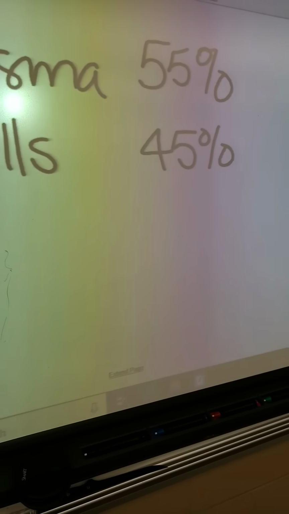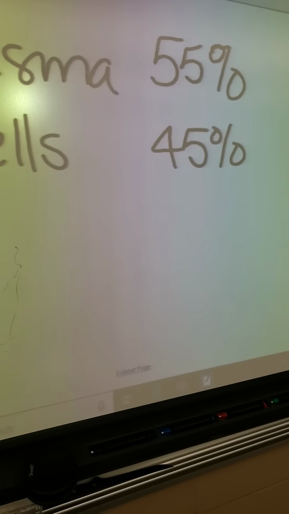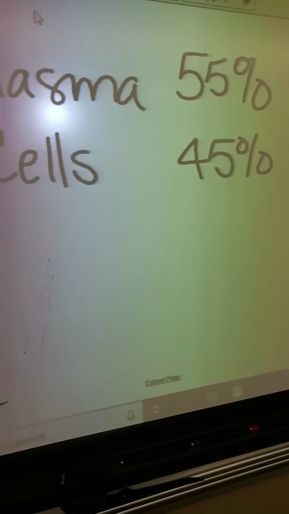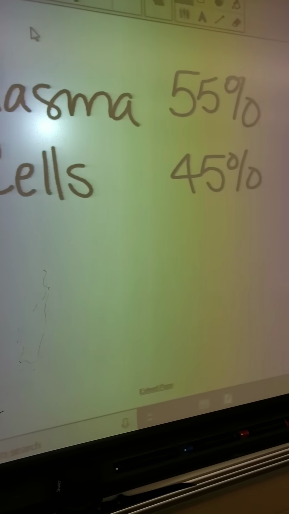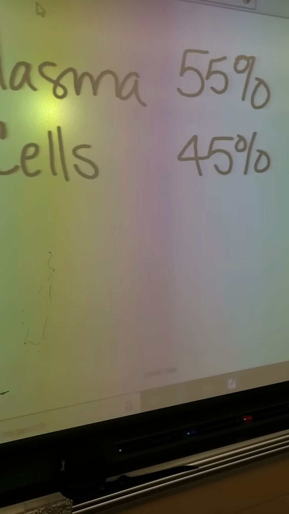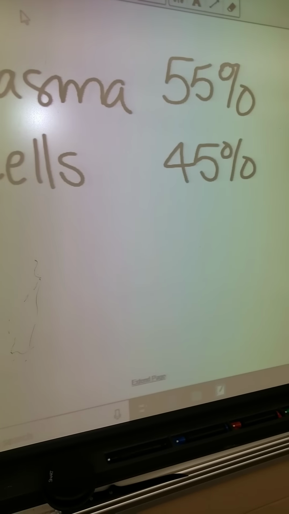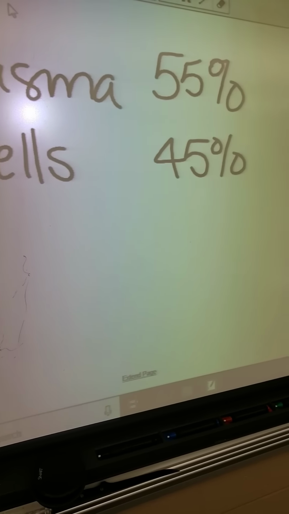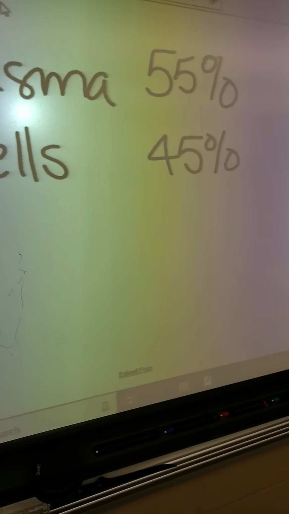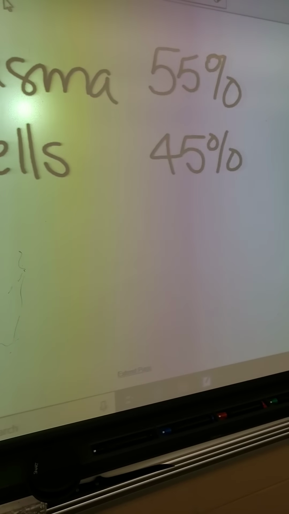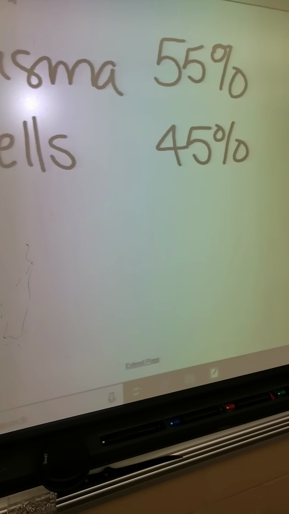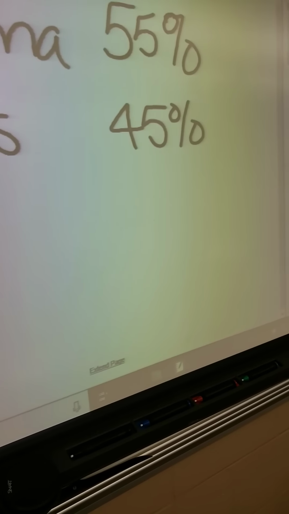It contains things like proteins, gases, nutrients, hormones, waste products, and other substances that can be dissolved in water. Examples of plasma proteins include albumin, globulins, and fibrinogen, which is also called prothrombin.